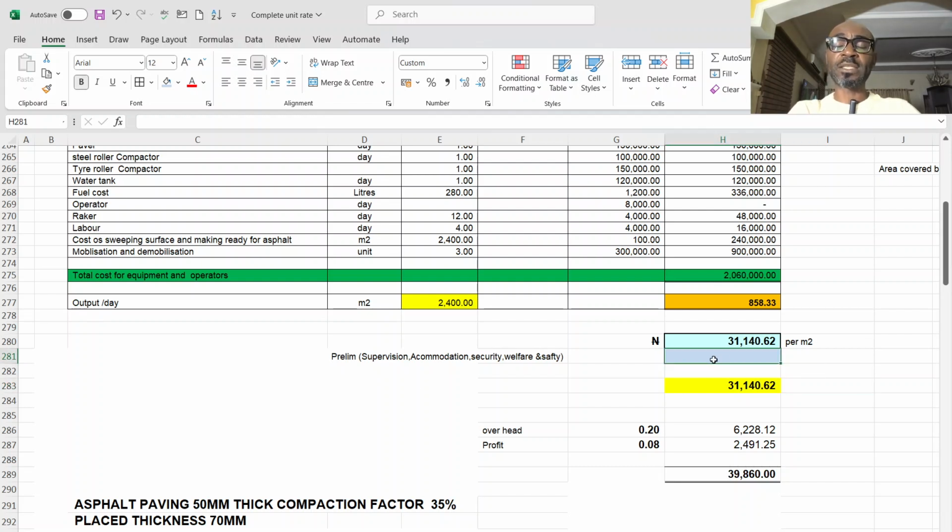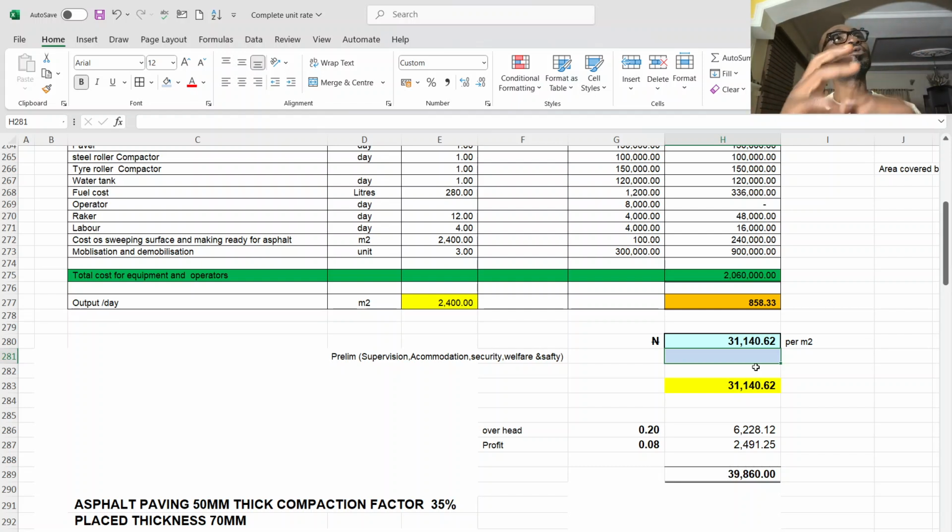has to be calculated separately, depending on how heavy your preliminaries want to be. So whatever you calculate, let's assume you're only coming to do this job. But if the bill has a lot of items, you are building up your prelims for all of the items.